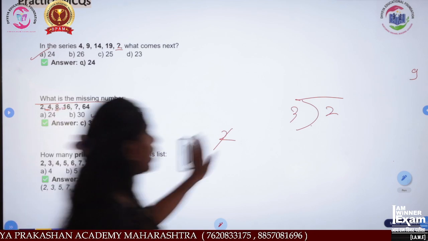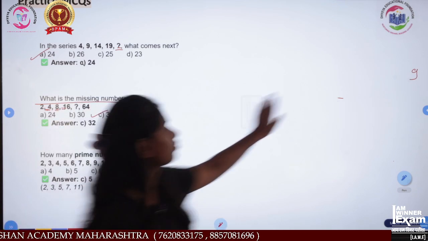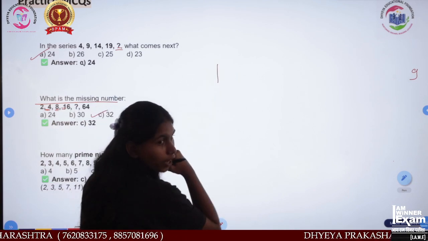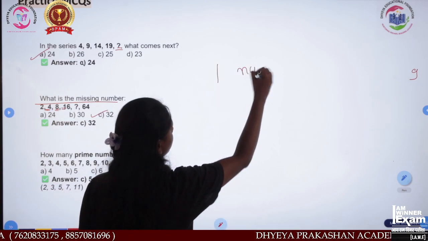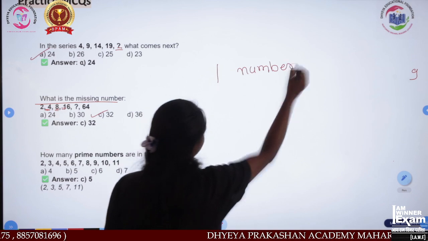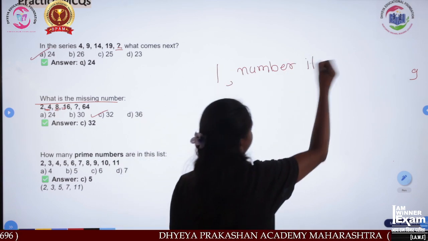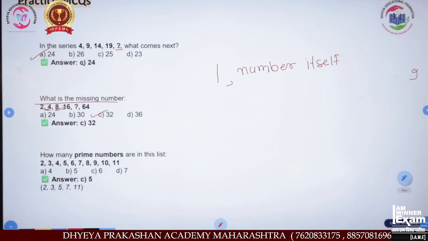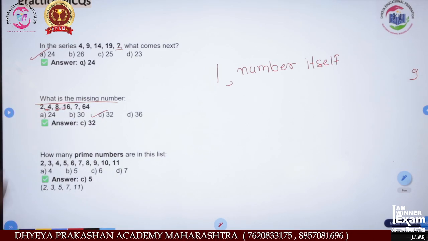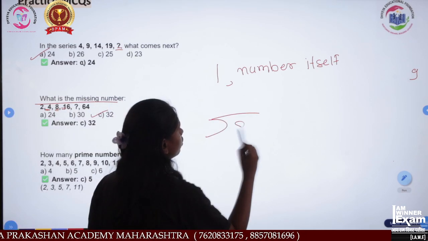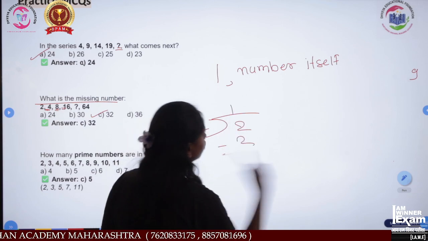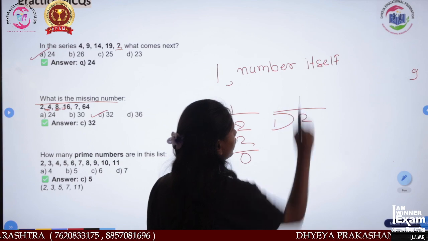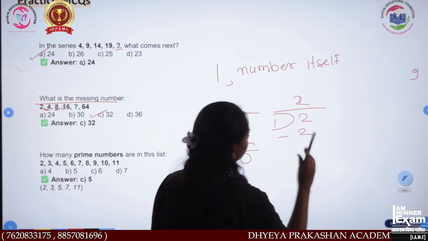What is meant by prime number? That it is divisible only by 1 and the number itself. Now check. If you divide 2 by 2, then 2 ones are 2, so 2 gets divided. If you divide 2 by 1, then 1 twos are 2.